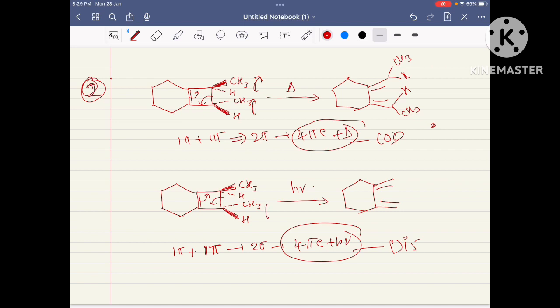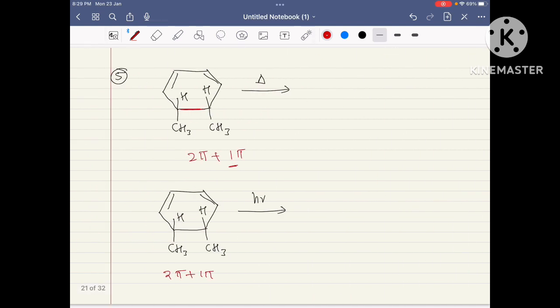Disrotation means moving either inside or moving outside. So hydrogen is above. If you are moving in this direction, hydrogen goes inside and CH3 comes outside. If you are moving in this direction, the above group comes inside: CH3, and this is H. This is the product.